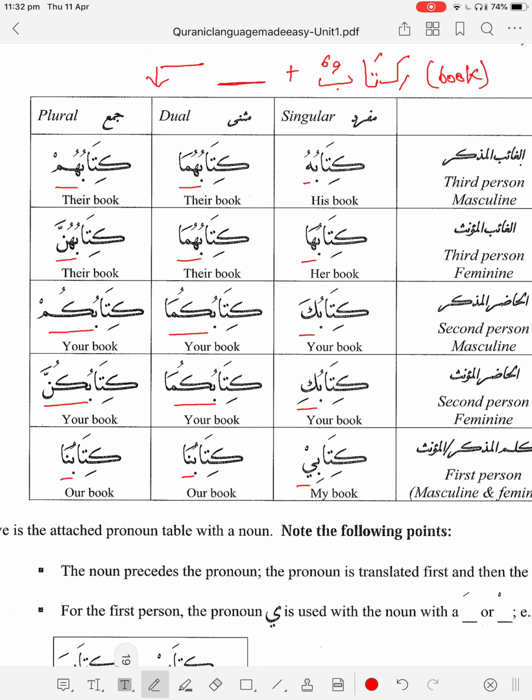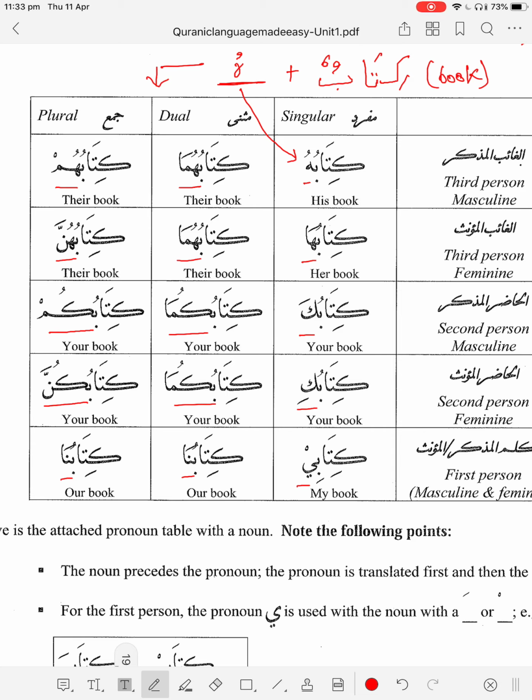What we're doing is we take the pronoun, we take the noun, which is kitabun in our case, and then we attach a pronoun to it. When we do that, the noun will drop the dhamma tanween and it will become a single dhamma. So for example, kitabun plus hu will become kitabuhu.